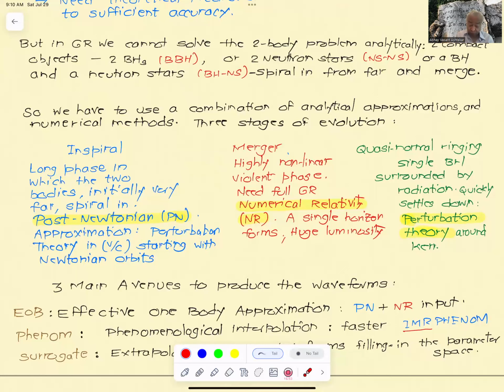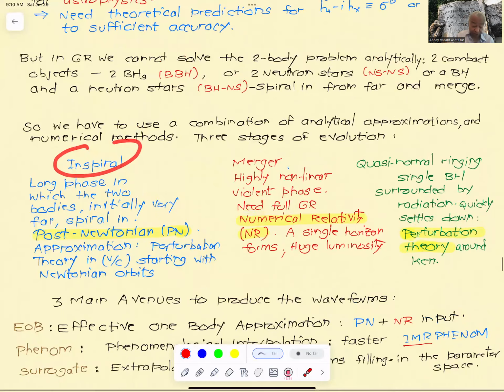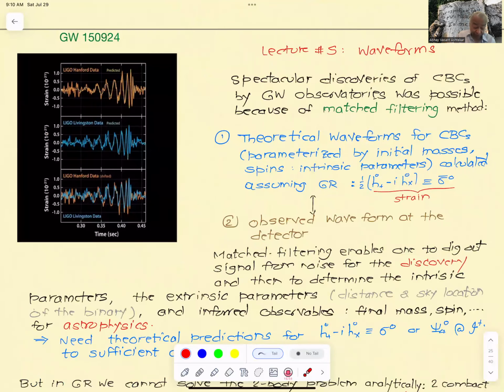Well, we have to use a combination of analytical approximations and numerical methods, because there are three stages to this evolution. A long inspiral phase, which can last for roughly 100 cycles, which is all this inspiral phase that you see up here. Then there's a phase of merger, and then there is a phase of ringdown.